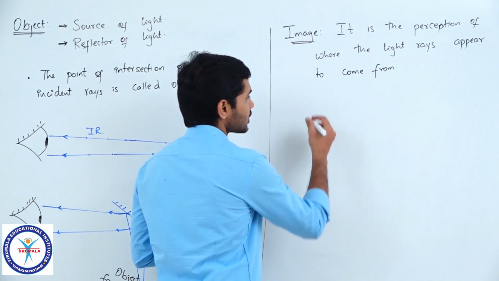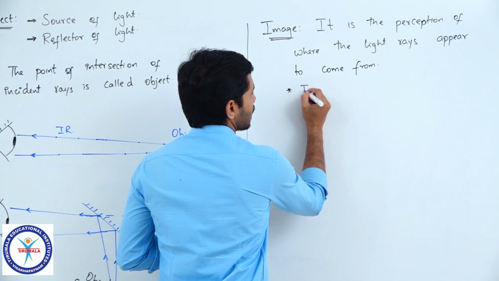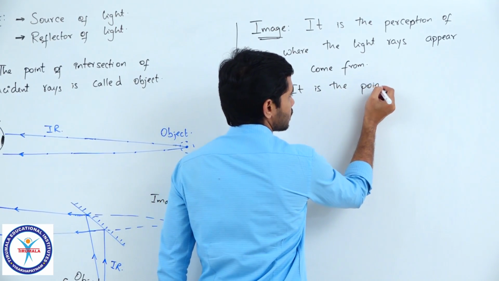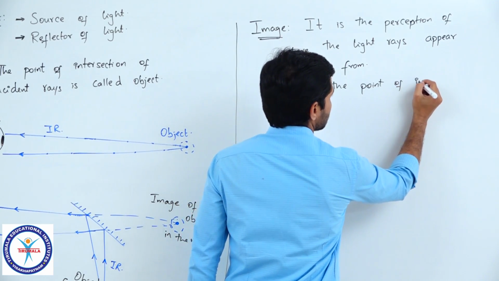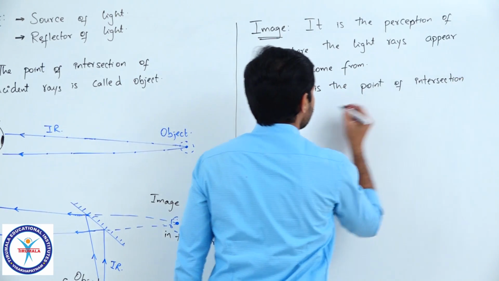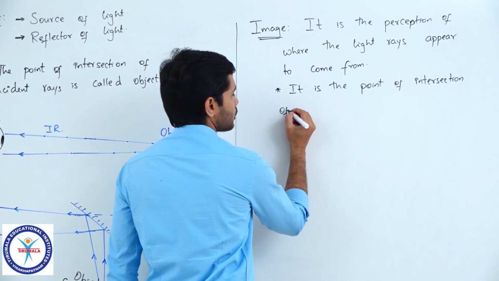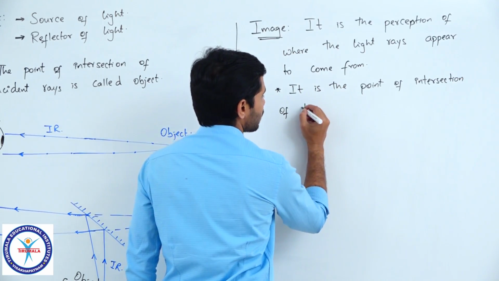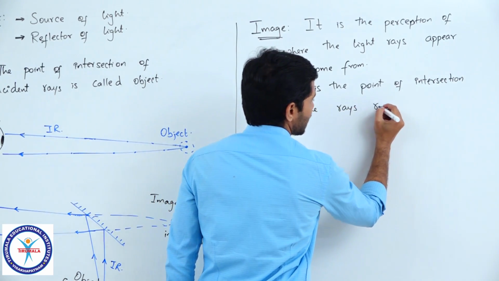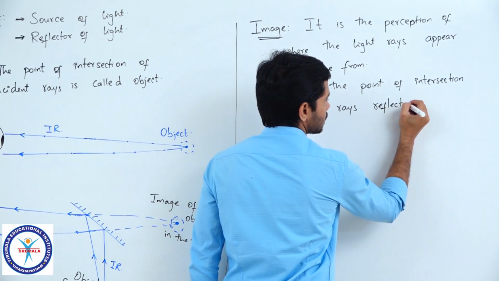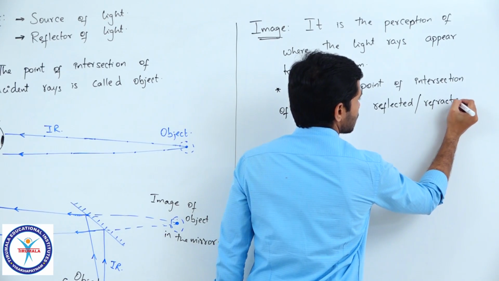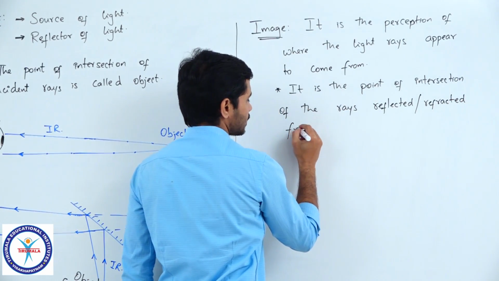We can write it like this: it is the point of intersection of the rays reflected or refracted from a device.